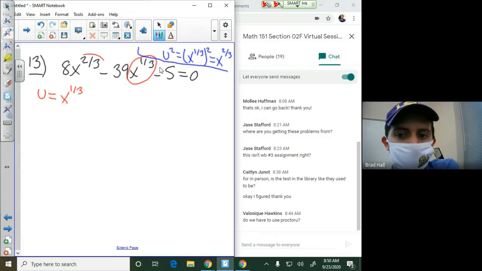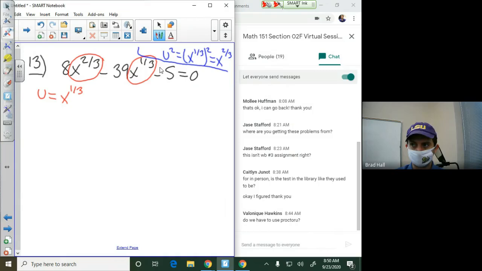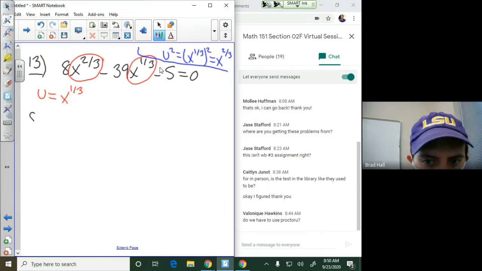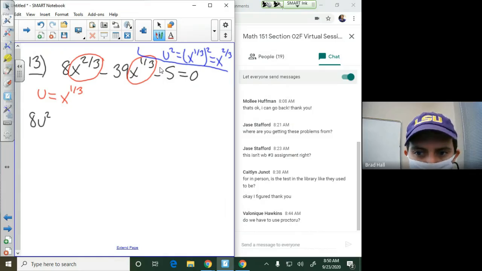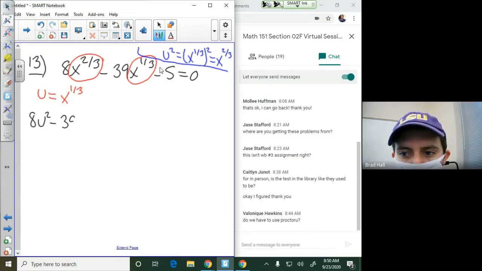That is exactly this term over here. So u and u squared do fit perfectly in. So once we do that, we're just copying down, but now x to the 2 over 3 is u squared, minus 39u minus 5 is equal to 0.